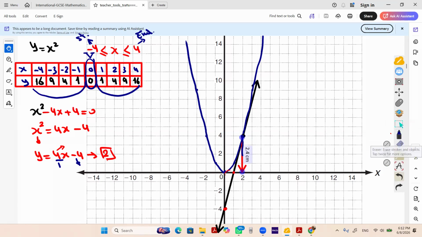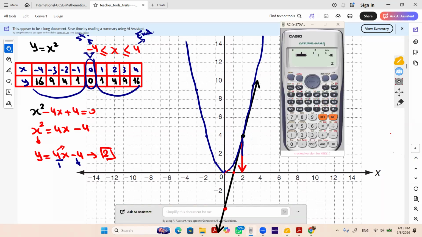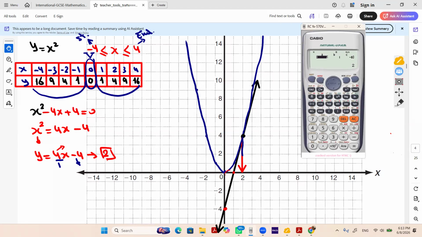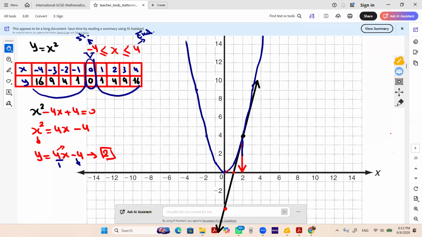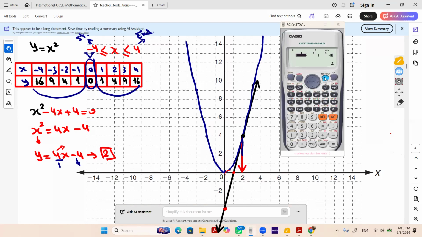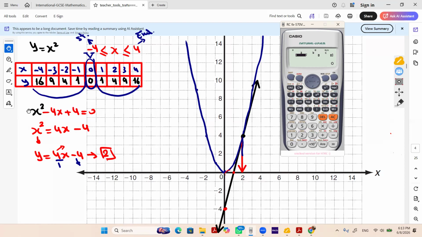If we want to do it by factorization, let's try with the calculator. Mode 5, 3. A is 1, which is the coefficient of x squared. B is negative 4. And C is 4. Then equals. It gives you x only, not x1 and x2: x equals 2.